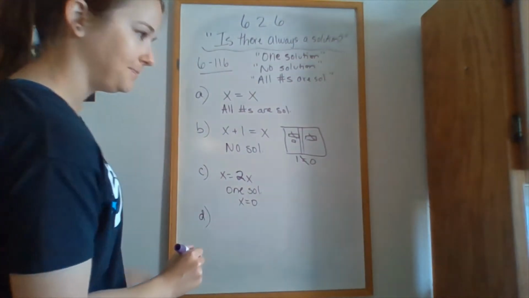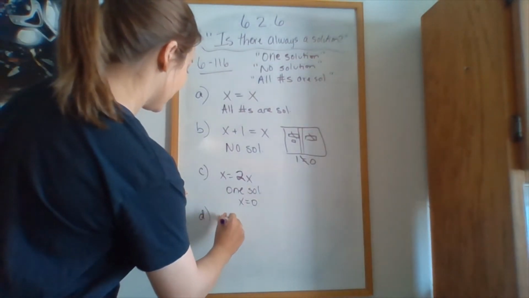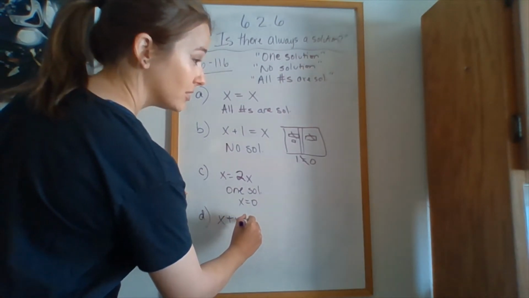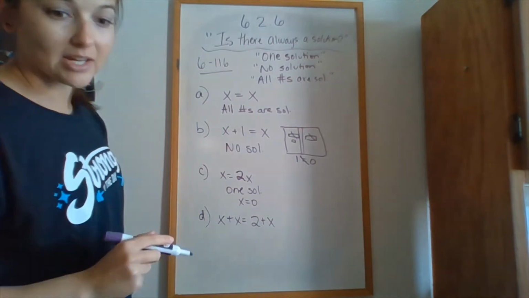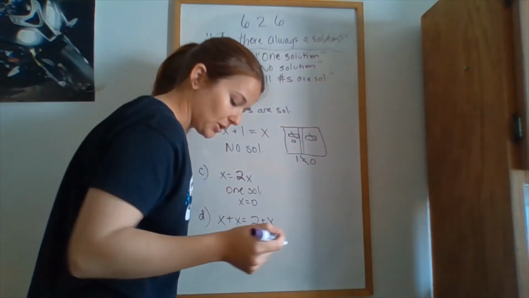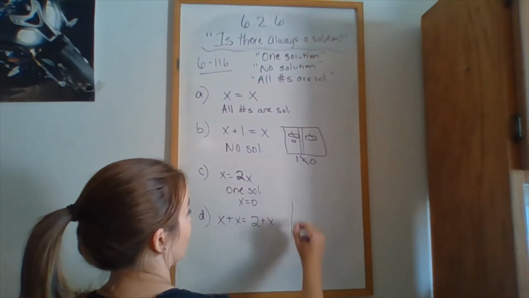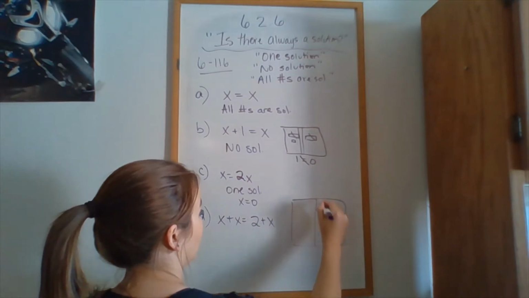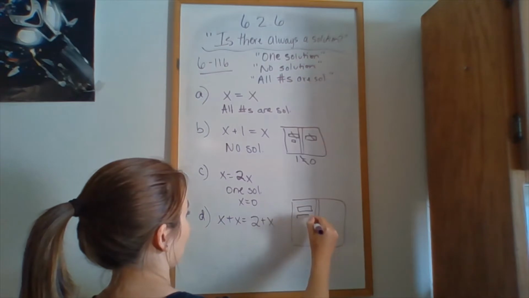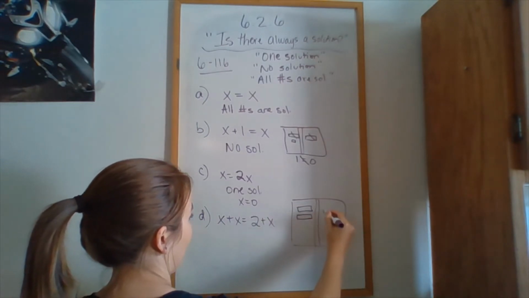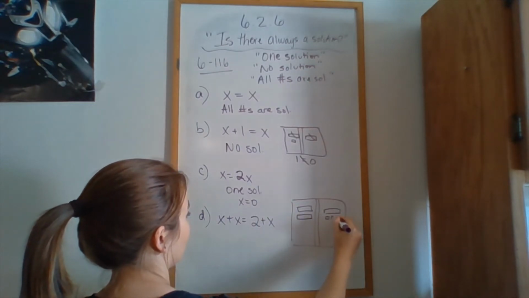All right, part D. x plus x equals 2 plus x. Whenever it has all this stuff going on, it kind of messes with my brain, so I have to draw an equation map. I'm going to draw one right here. I'm starting with an x plus an x, and then an x, and then plus 2 cubes.